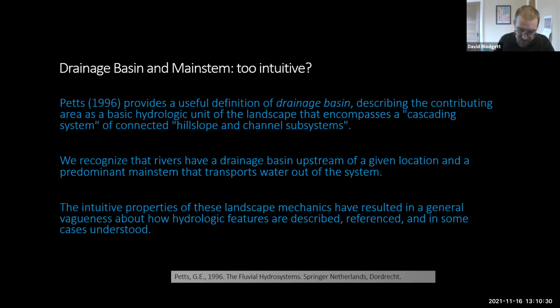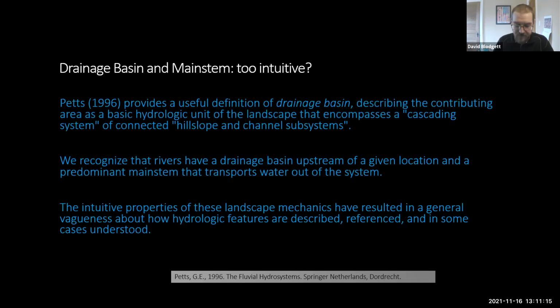What this has led me to think about, and one of my co-authors, Mike Johnson, wrote some of the more compelling language around this, is that these concepts of drainage basin and main stem may be too intuitive or too deeply ingrained in our casual discourse to be especially useful for precise scientific or knowledge management purposes. When we get too casual with our language, it's easy to make assumptions, and we don't want to make assumptions when we're tracking very specific concepts and things that need to be handled for, say, scientific reproducibility.